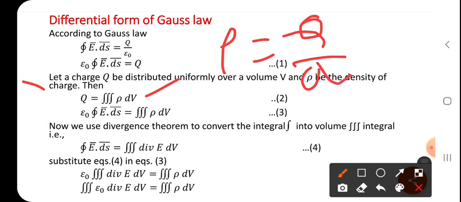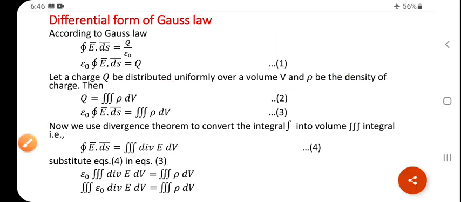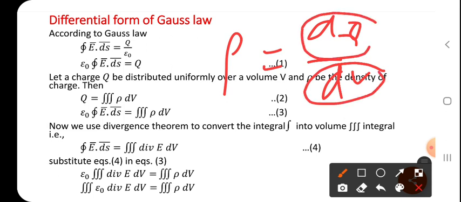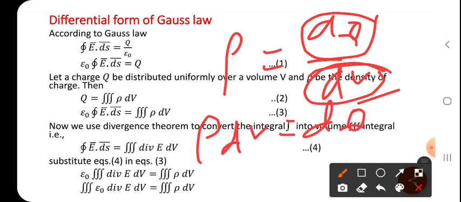For a small volume, only a small charge is present, so dq by dv. Bringing dv to this side, rho dv is equal to dq.